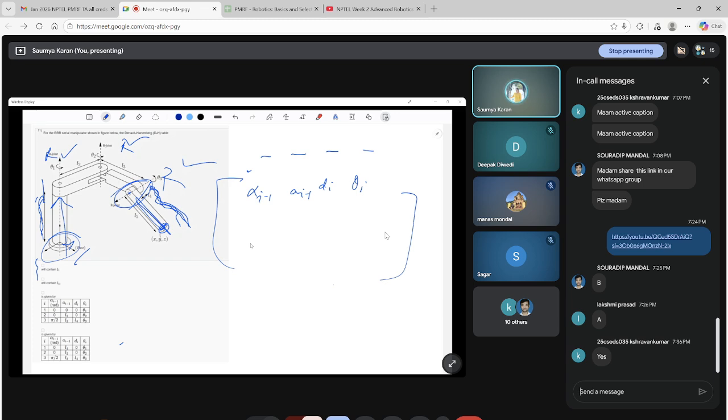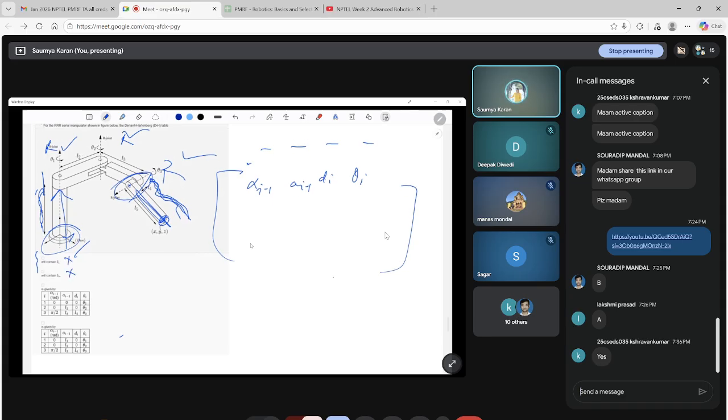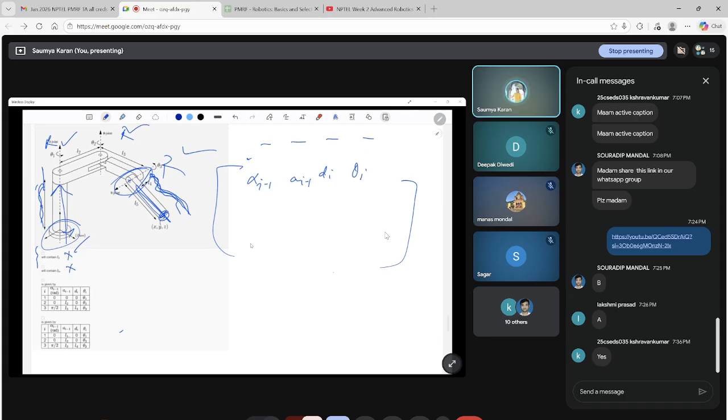Can you guys tell me which would be the correct answer? Tell me, do we have alpha i or not? This is incorrect and this is incorrect for sure. And here you get to see L1, so this is also incorrect. So from here, by elimination only, you can say this is correct.